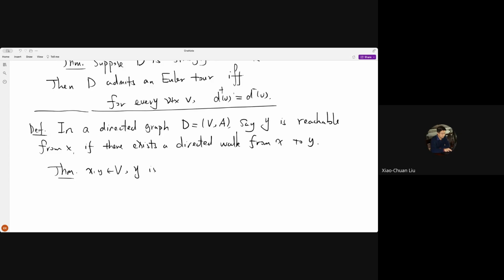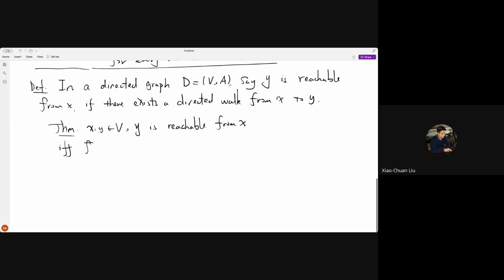Y is reachable from X if and only if the following happens: for any vertex subset which contains X and does not contain Y, the outer boundary of the subset is not empty.